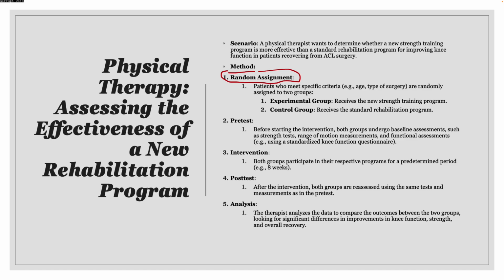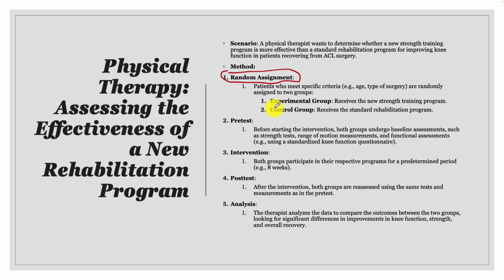One of the defining features of true experimental design is random assignment of participants to treatment and control groups. So this ensures that each participant has an equal chance of being assigned to any group, which helps to eliminate selection bias, and this also enhances the internal validity of the study.